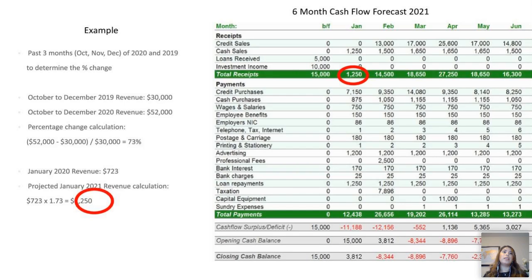Now we're going to need our January 2020 revenue, which was 723. We take that number, we times it by 1.73, the growth rate, and we get $1,250 projected for January in sales.